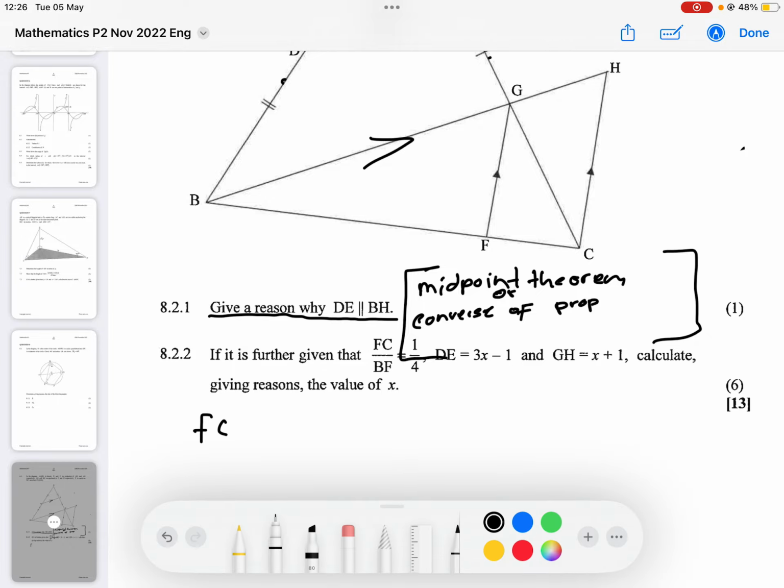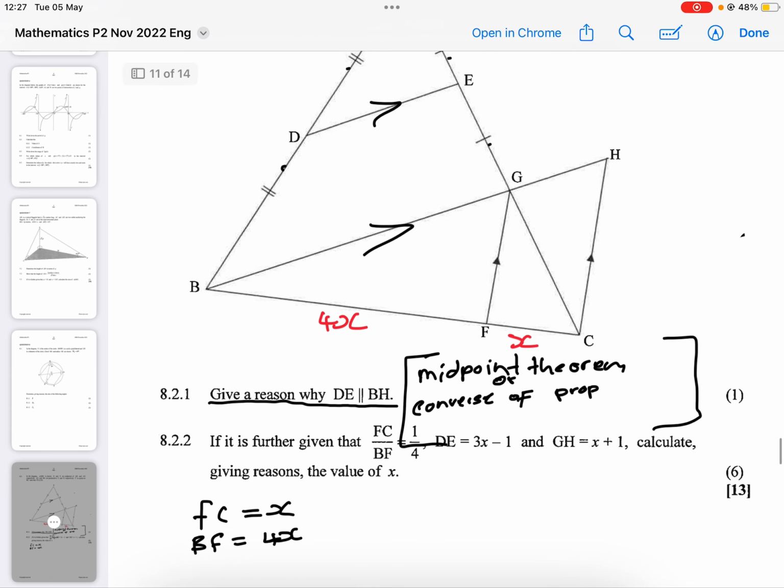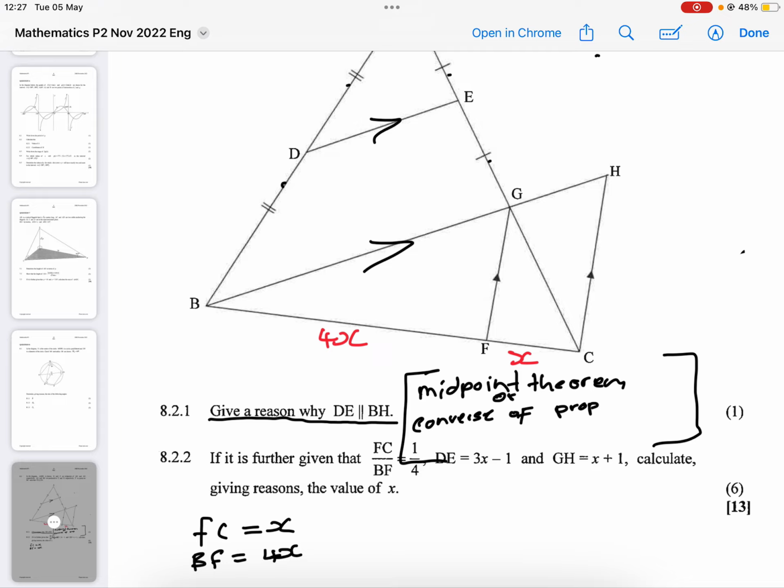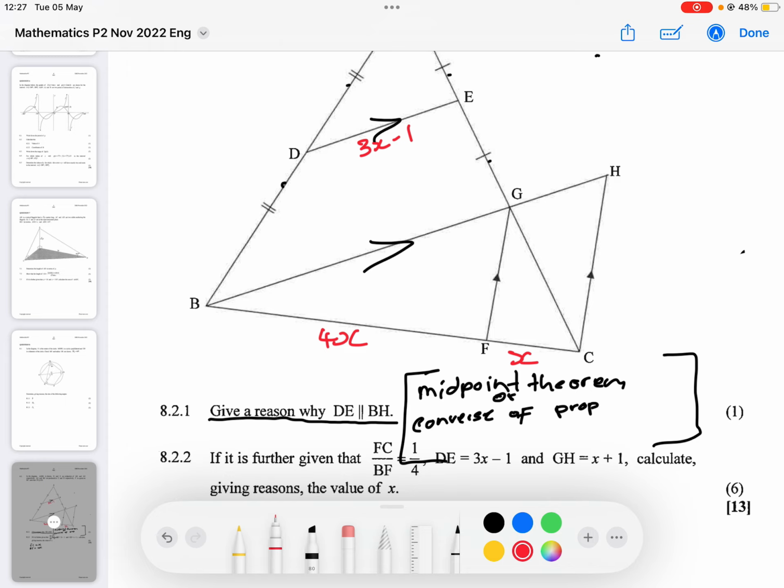It means that FC is equal to x, and BF equals 4x. Don't say 1, don't say 4. Now I'm going to put this into detail. So FC is x, BF is 4x, and then also we are given that DE is 3x minus 1. Now GH is x plus 1.